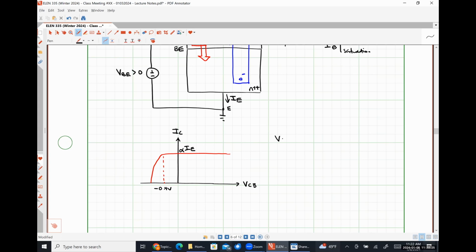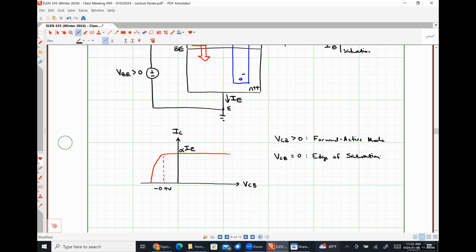So when VCB is greater than 0, our device is in the forward active mode. When VCB is exactly equal to 0, we are at the edge of saturation.